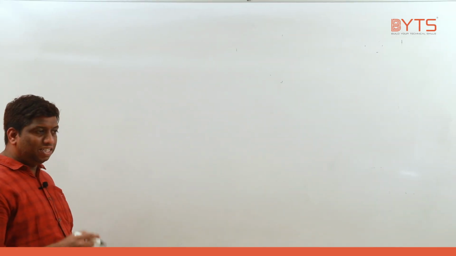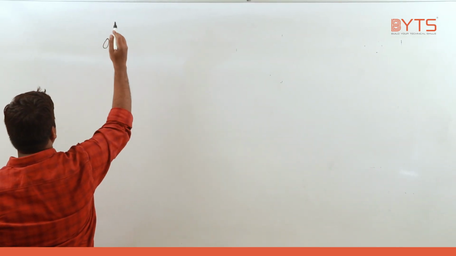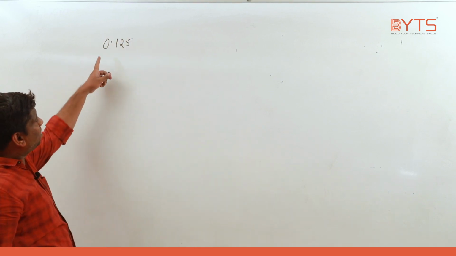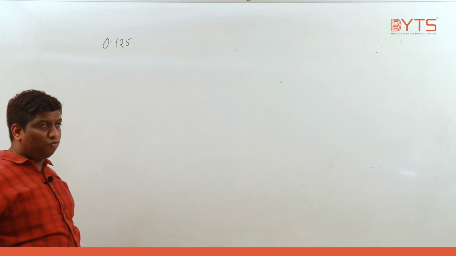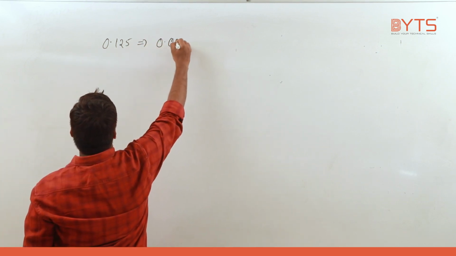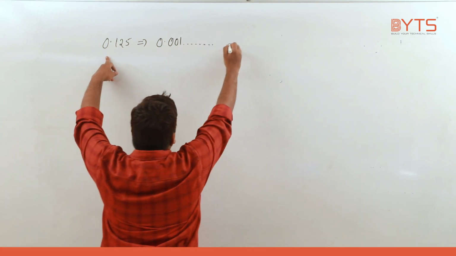Well, now we will see the previous example. First, 0.125. What is the equivalent binary value of 0.125? 0.001 followed by some zeros. This is what in double.